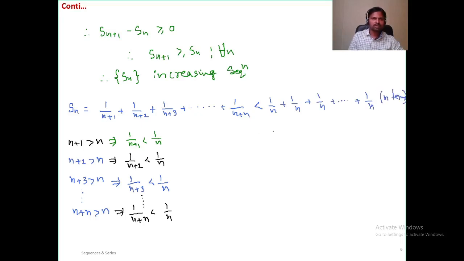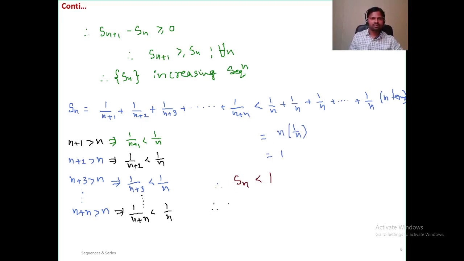N terms total. Because look at n plus 1, 1 means it is the first term. N plus 2, 2 means second term. 3 means third term. N means nth term. Total n terms. So therefore this will be n into 1 by n, which is 1. So finally Sn is less than 1.